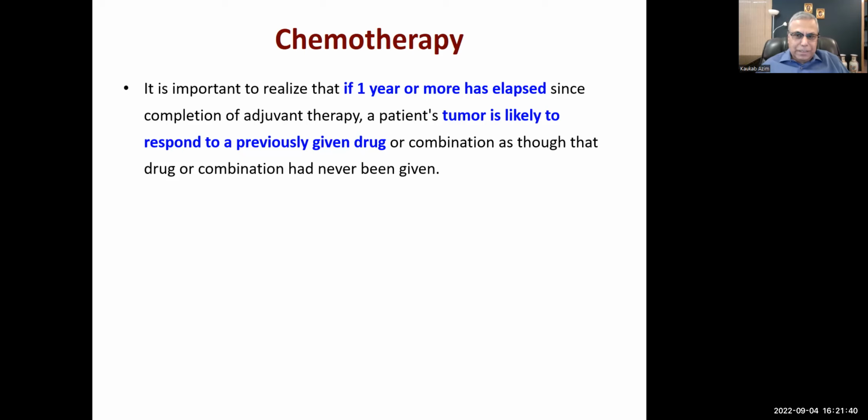And let us suppose that the cancer comes back, diagnosed again after 1 year. Then you can give the therapy that you had given previously. A patient's tumor is likely to respond to a previously given drug or combination as though that drug or combination had never been given, right?